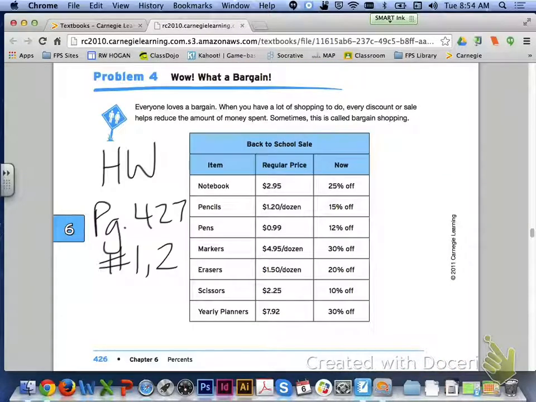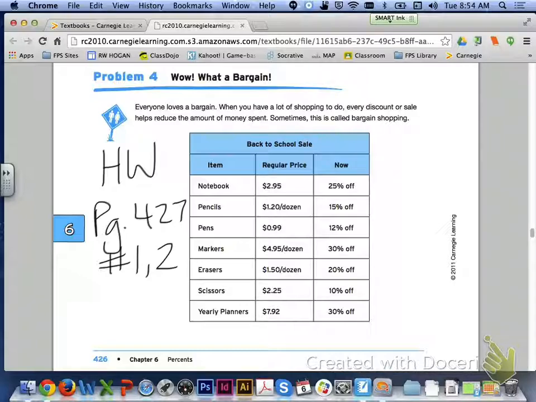If we turn to page 426 and take a look at problem number 4, this is going to be your homework for today. It says everyone loves a bargain. When you have a lot of shopping to do, every discount or sale helps reduce the amount of money spent. Sometimes this is called bargain shopping.